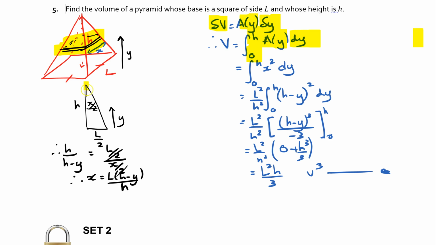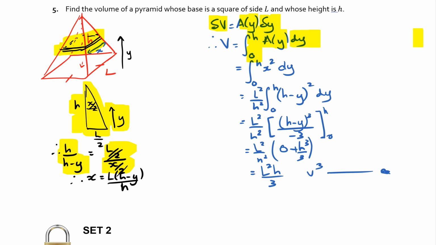So if we look at a similar triangle down here, we can see that for this set of similar triangles, then h on the big triangle compared to h minus y in the little triangle at the top is L on 2 in the big triangle compared to x on 2 in the little triangle.